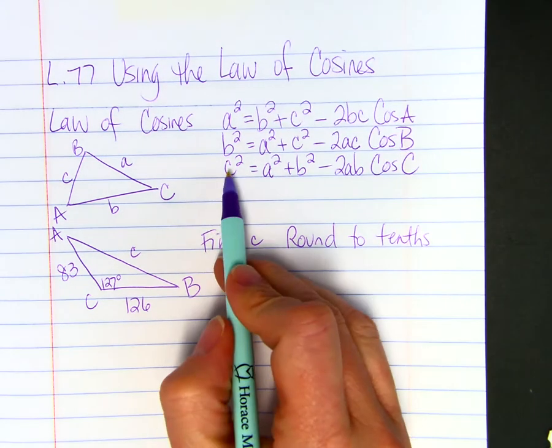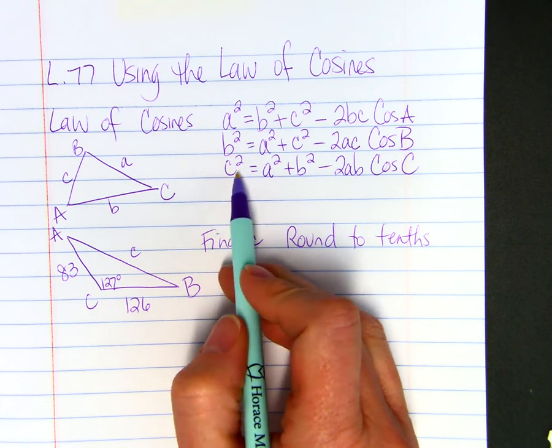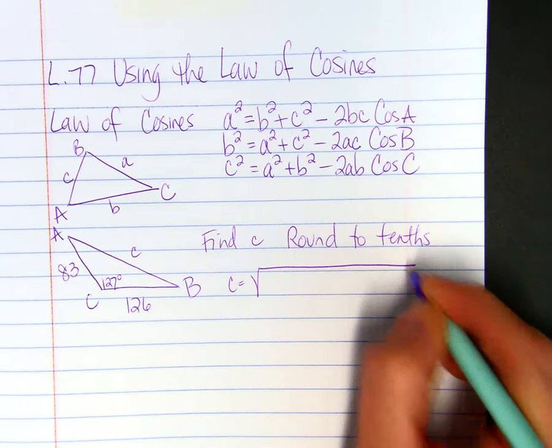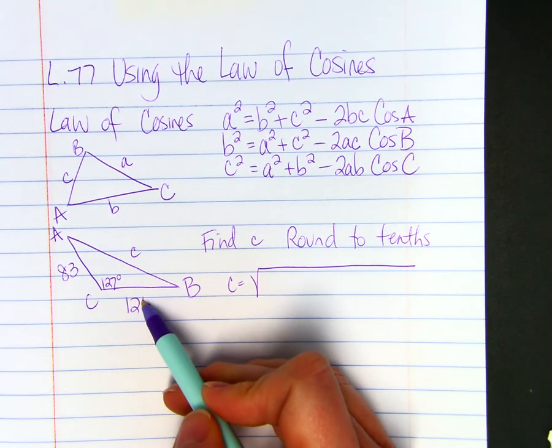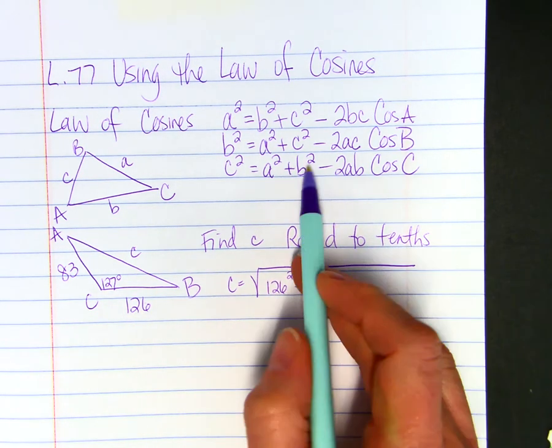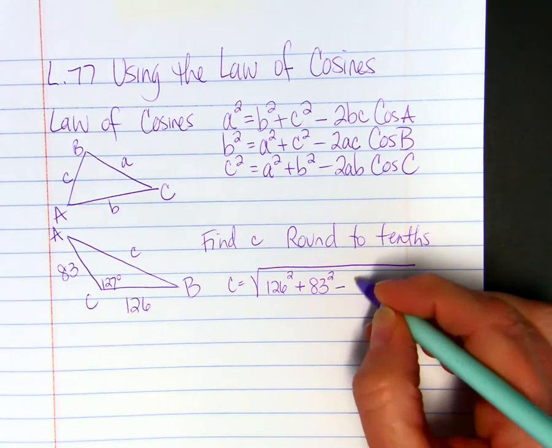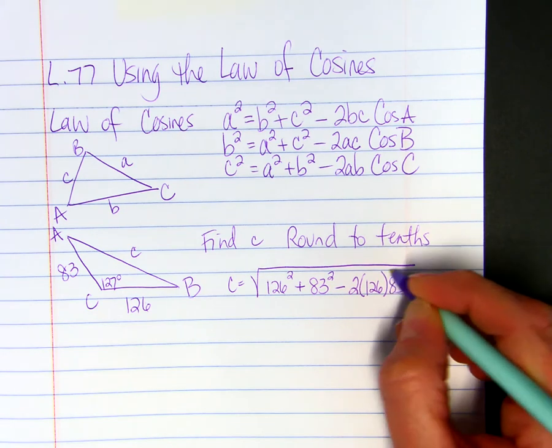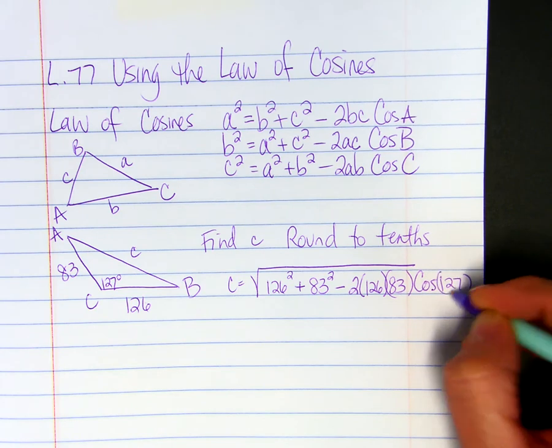I can use this formula, but I'm going to have to take the square root because I want c, not c squared. So c will be the square root of a squared, 126 squared, plus b squared, which is 83 squared, minus 2 times 126 times 83 times the cosine of 127 degrees.